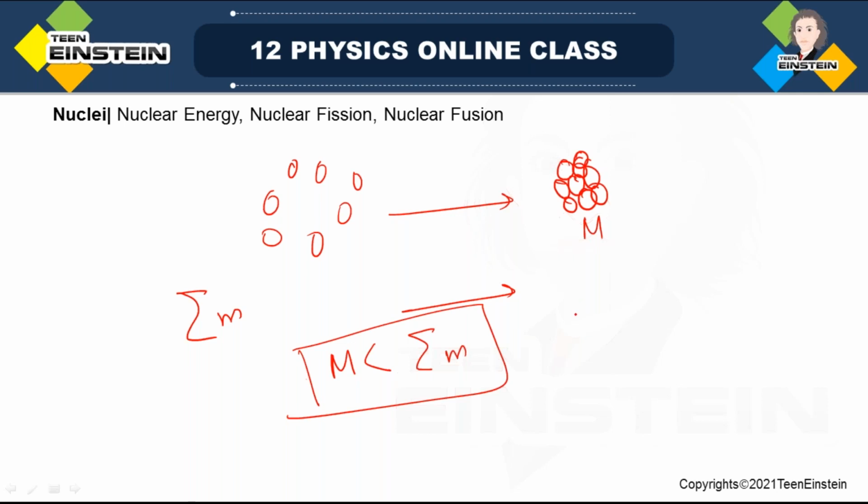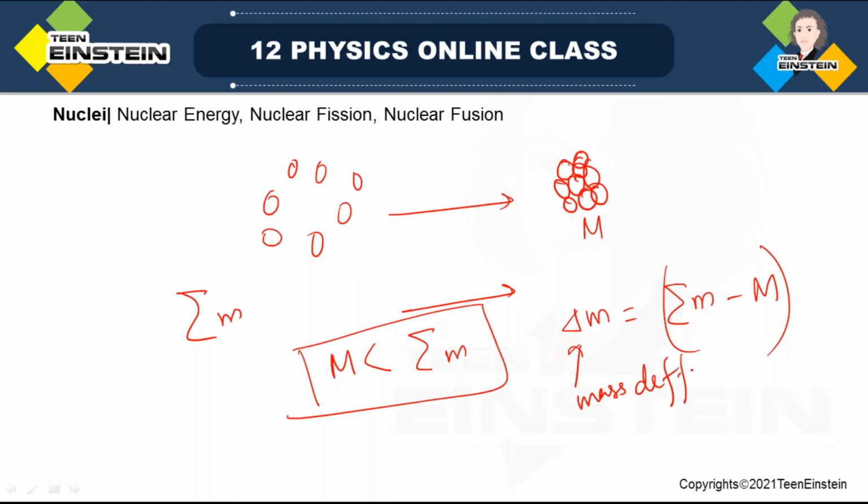Okay, that's how you get delta m is equal to summation of small m minus capital M. Okay, so this is called mass defect.